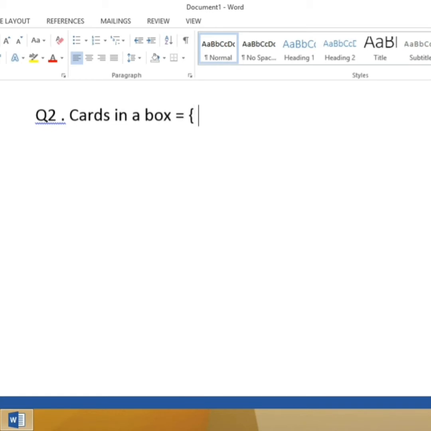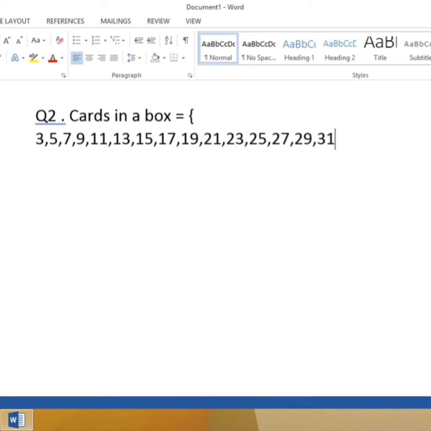The cards are 3, 5, 7, 9, 11, 13, 15, 17, 19, 21, 23, 25, 27, 29, 31, 33, 35, 37.